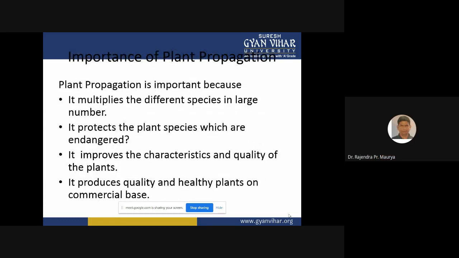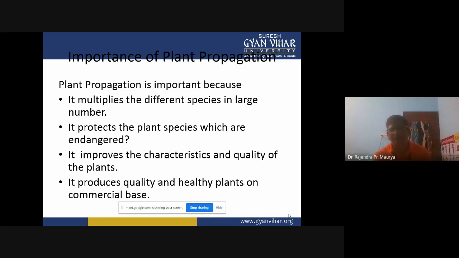Then, the importance of plant propagation. Plant propagation is important because it multiplies different species in large numbers.